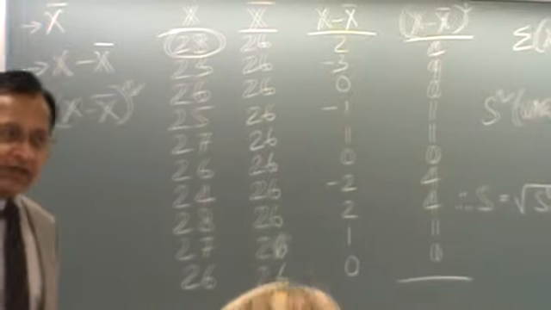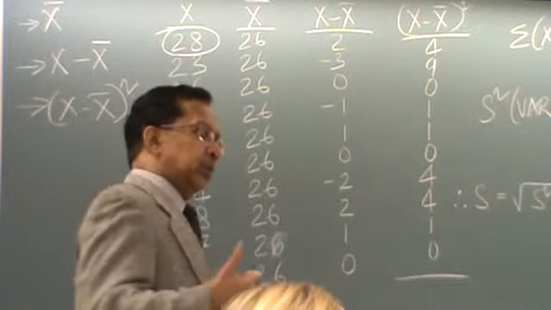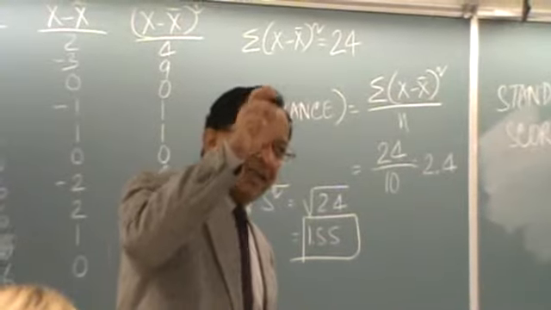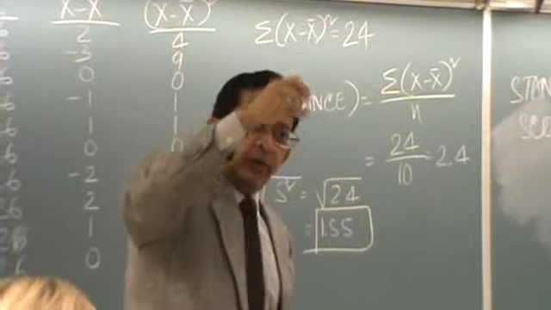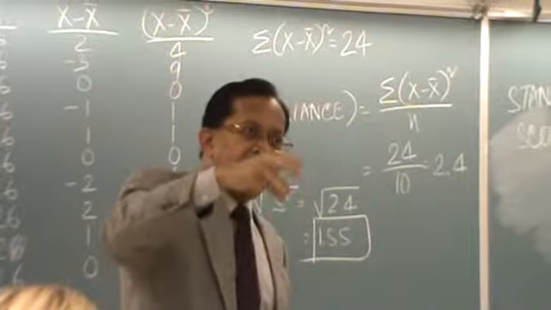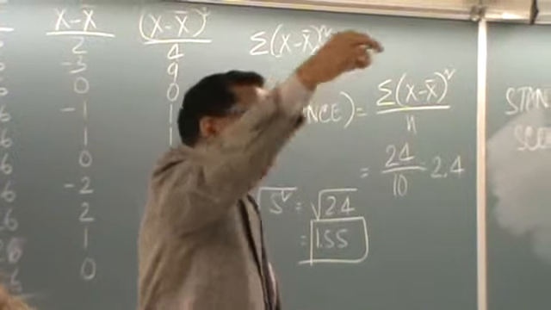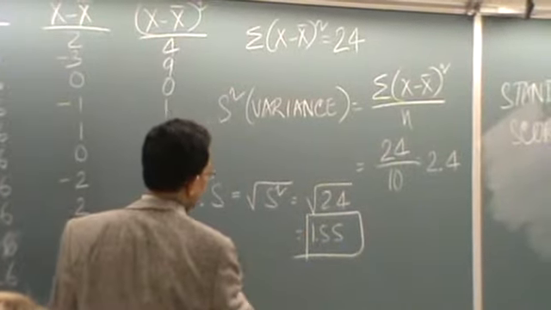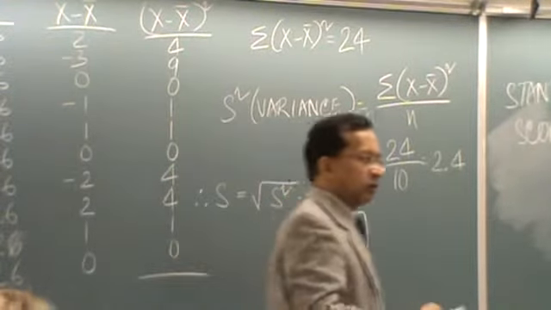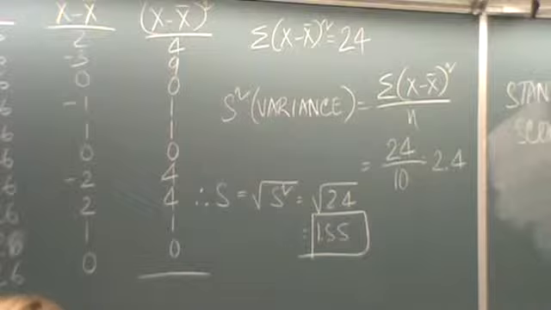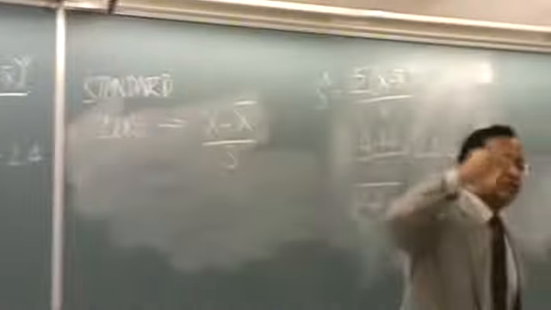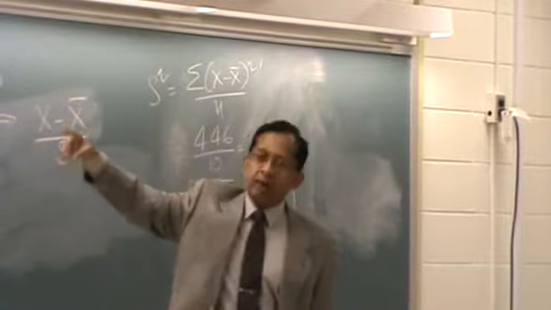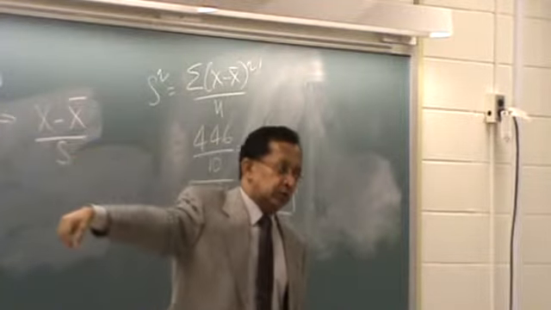We have to determine whether 28 is lying above the mean or below the mean. We always express that distance in terms of standard deviation, by how many standard deviations the value 28 is lying above or below the mean.